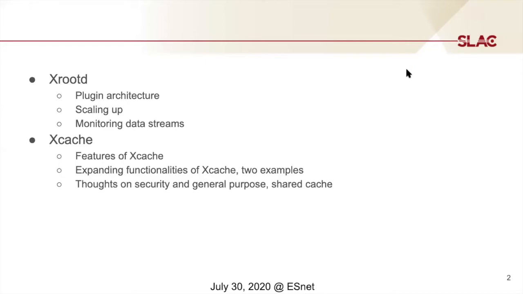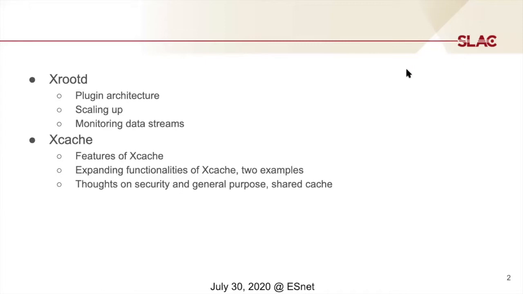So I will firstly quickly go through Xroot and its plugin architecture, how we scale up, and one of the important things is monitoring, because if you are deploying a large scale of anything related to Xroot, you probably want to know what's going on and what's happening internally. In addition to that, the main focus will be Xcache.